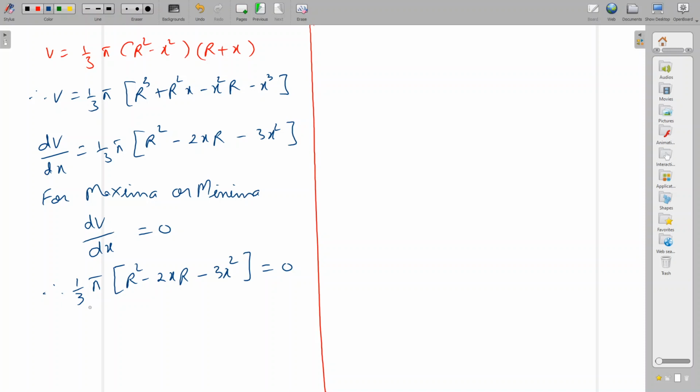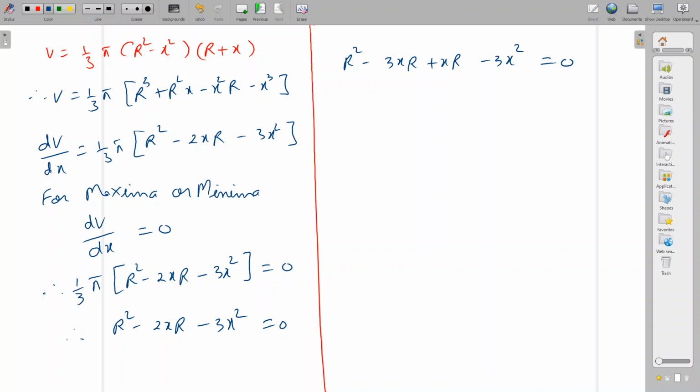Now 1 by 3 pi is a constant, therefore we will be getting r square minus 2xr minus 3x square equal to 0. Now splitting the middle term, we will have r square minus 3xr plus xr minus 3x square equal to 0.